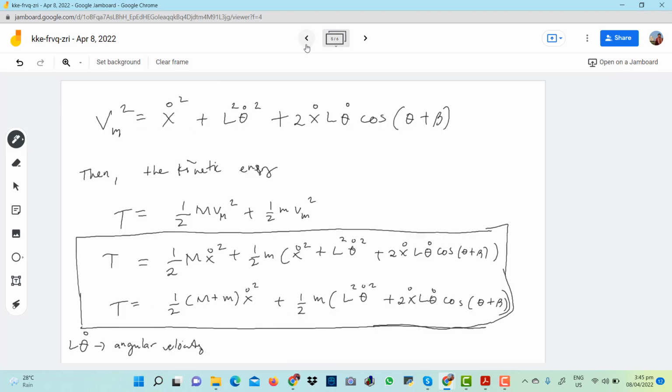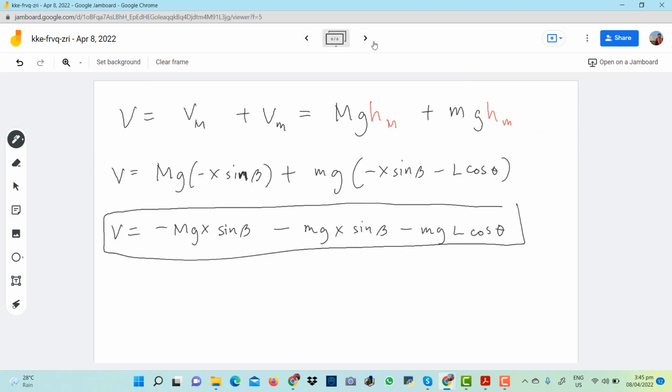The kinetic energy and the potential energy give my Lagrangian, which is very long. Okay, anyways.